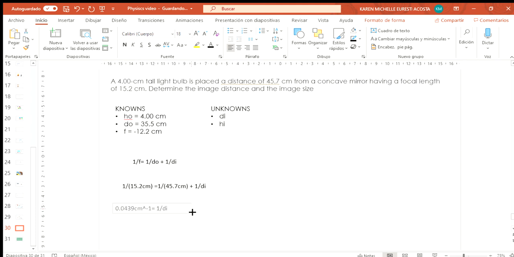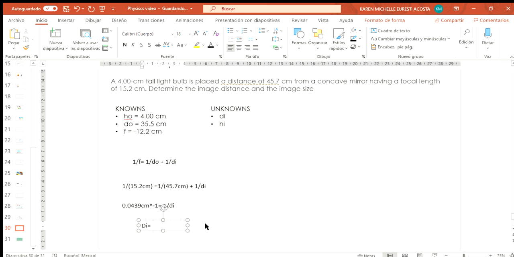And as before, we elevate it to the minus 1, and since it is just dividing 1, it will be the same result. So we have that di is 22.8 centimeters.